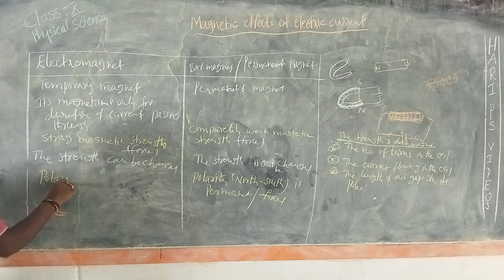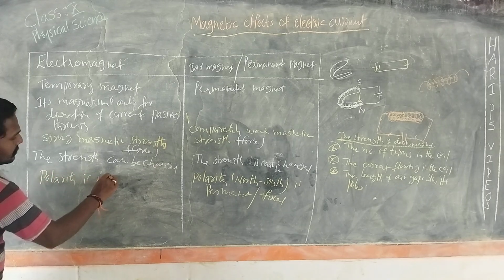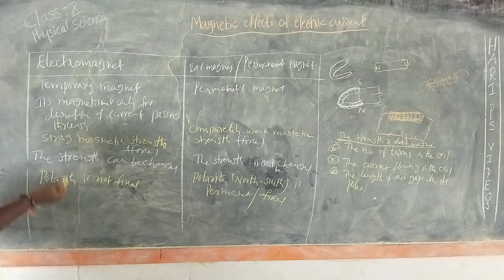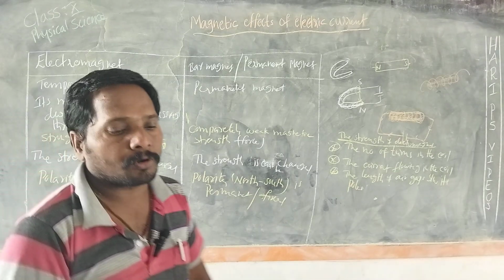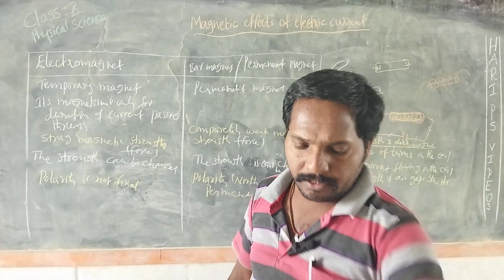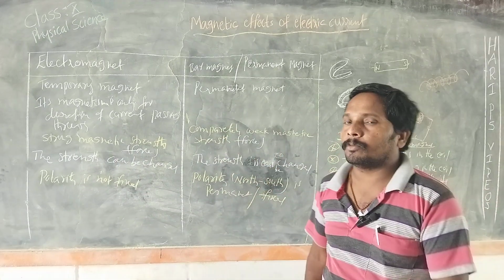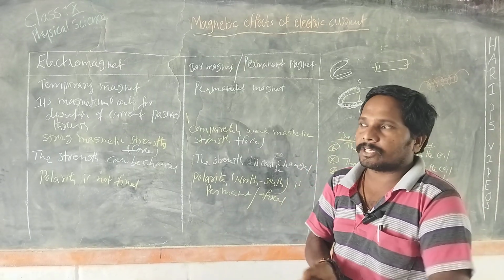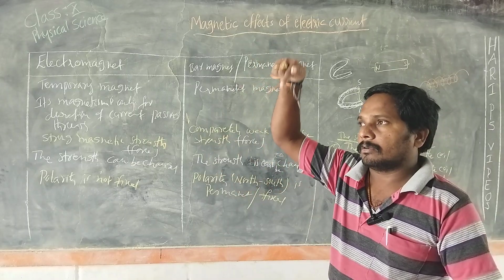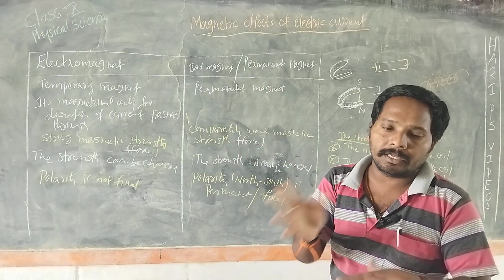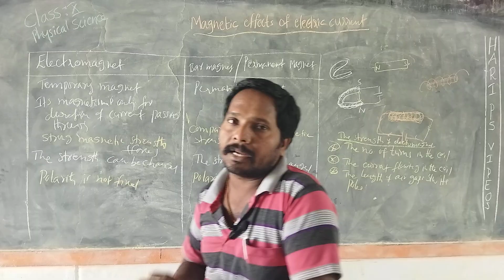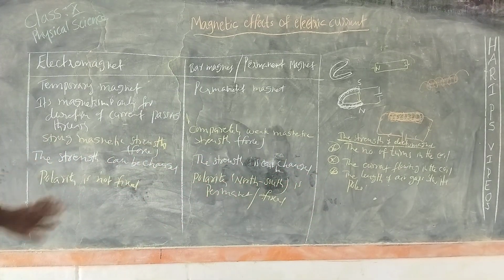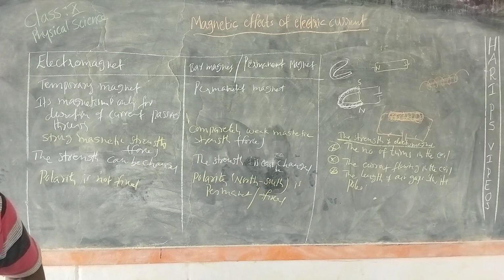Here polarity is not fixed. So we can change the polarity in case of an electromagnet. We can change the polarity in an electromagnet by changing the direction of current. So upward or downward, by changing the direction of electric current, we can change the polarity of the electromagnet.